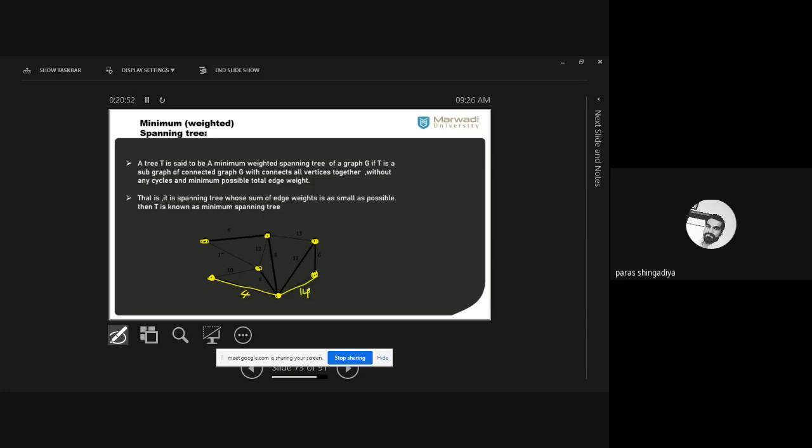Here it is 14. Okay? Then these two are connected whose weight is 6. The distance is 6 meters or 6 kilometers. Then these two edges have 11. That is 11. Then after this, it has 13. This has 8.